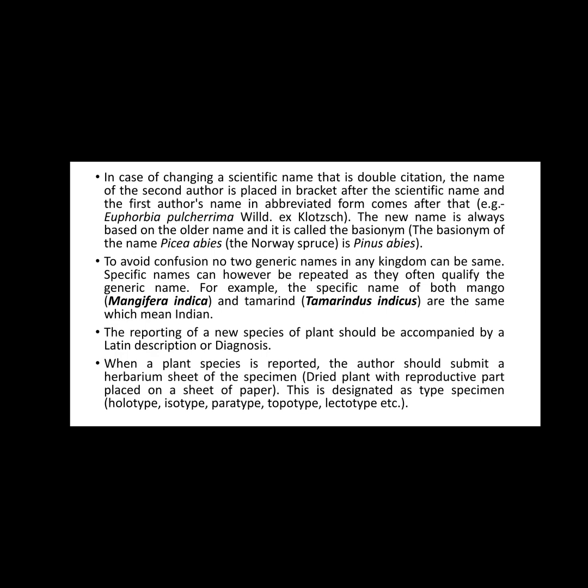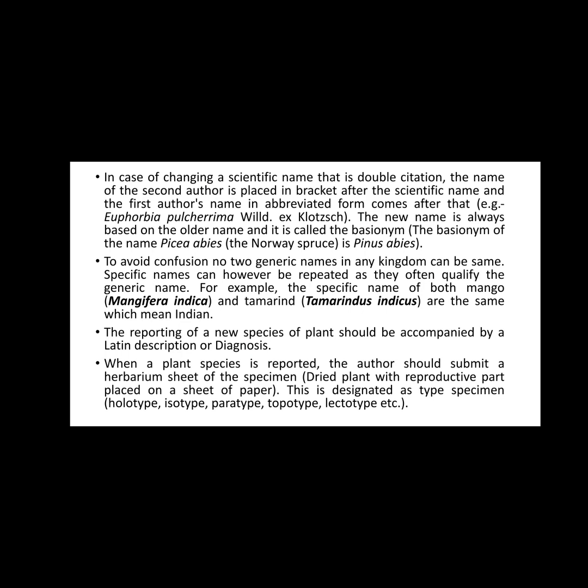Then basionym. Basionym is the older name on which a new name is always based. For example, the basionym of Picea abies is Pinus abies. Previously, the abies species was placed under the Pinus genus, but now it is placed by another botanist under the Picea genus. So it is the basionym.